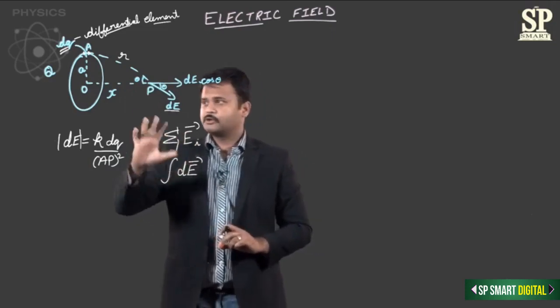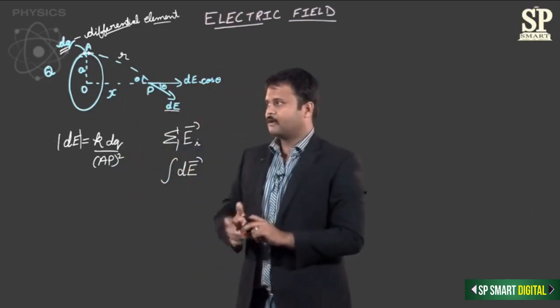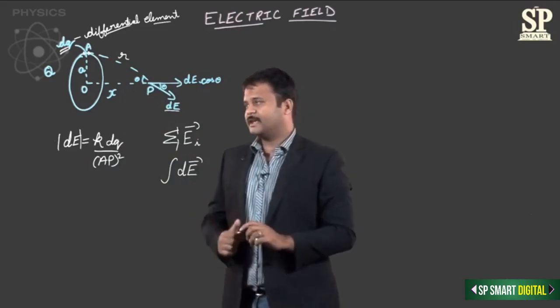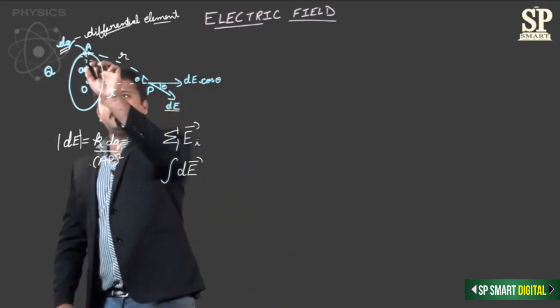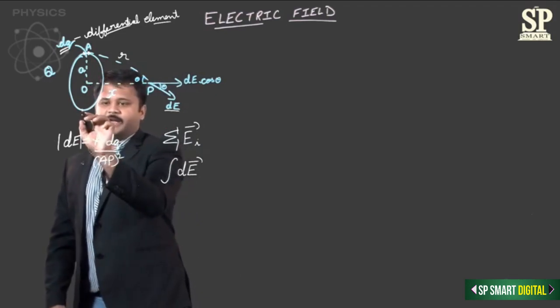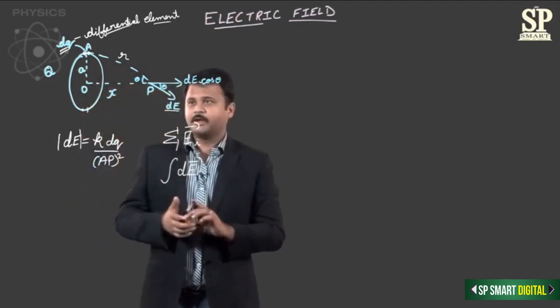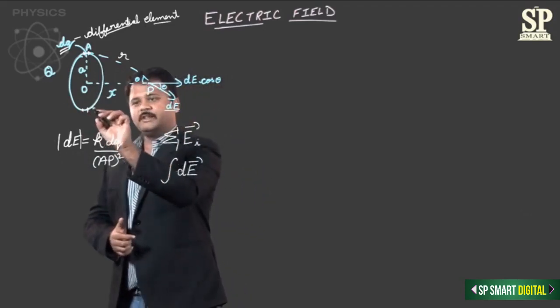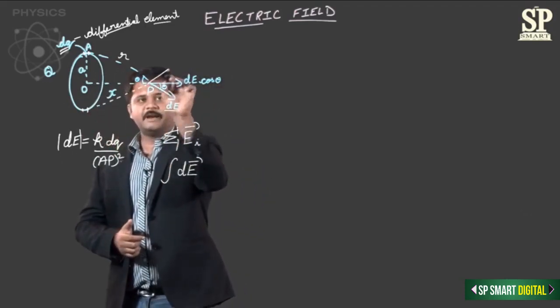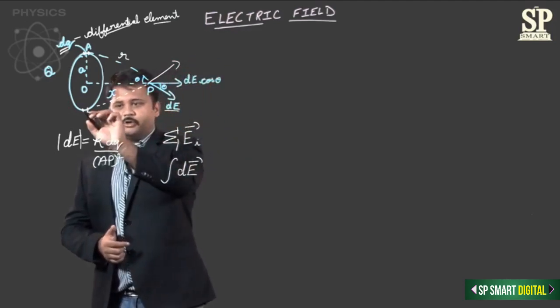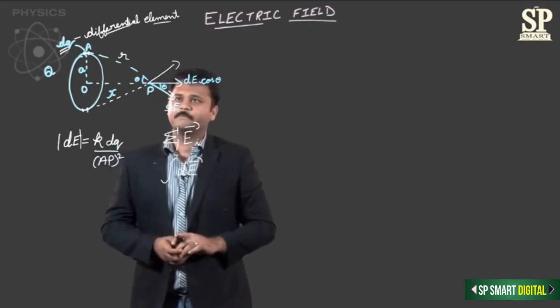Then I can say that the direction is along the direction of r. Here we have to notice another thing, and that is the symmetry of this particular ring. For every differential element that we take here, we can take another differential element diametrically opposite to this one, such that if we join these two lines, this is the direction of electric field due to this particular differential charge.